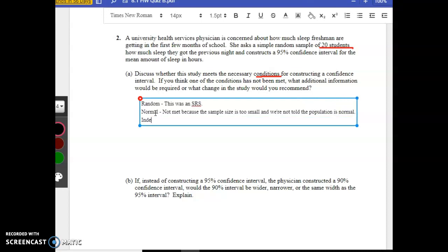And then last, independent, same as last chapter. 20 students, I would say 20 students is less than 10% of all students in the population, or it's freshmen.